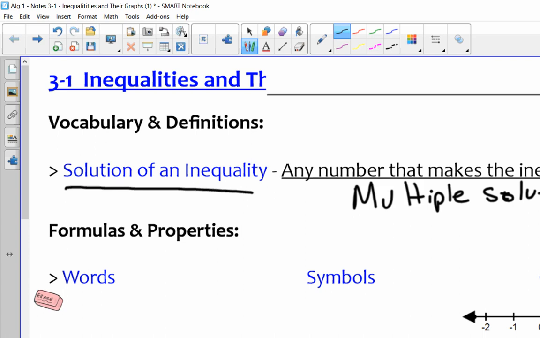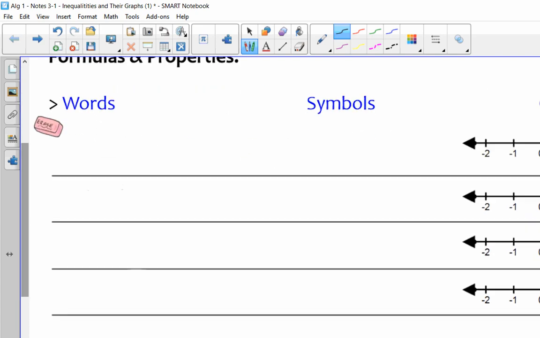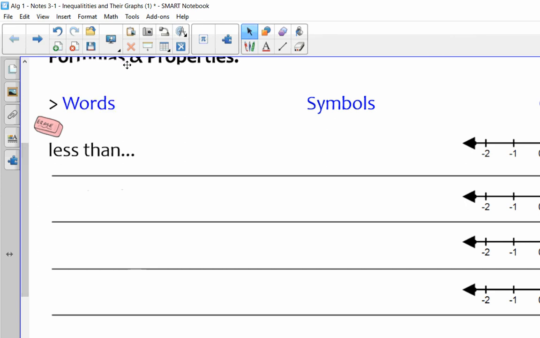So what we're going to do here is talk about inequalities, and the symbol here is the type of inequality symbol that we're going to get. We get different variations, okay?